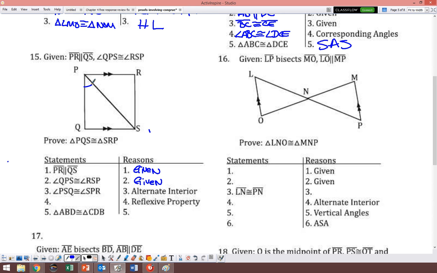And it's going to be RSP. So it's angle S between R and P. So RSP, so it's right here, right? Yes? Okay, there's my markings. Now the next thing it says is my reason is reflexive property. So you would say what?